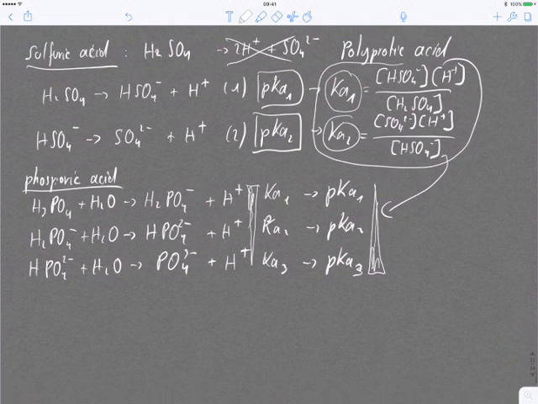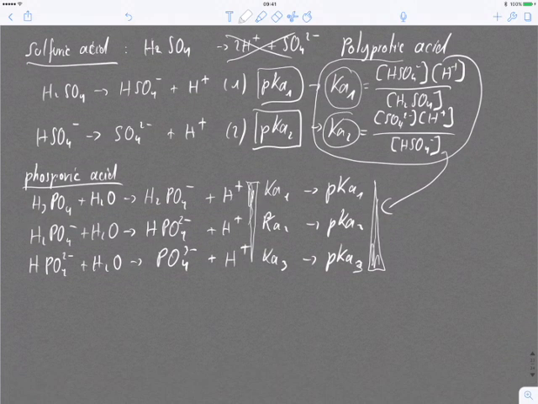And another very important system that we will touch in the following lectures is carbonate or carbonic acid.